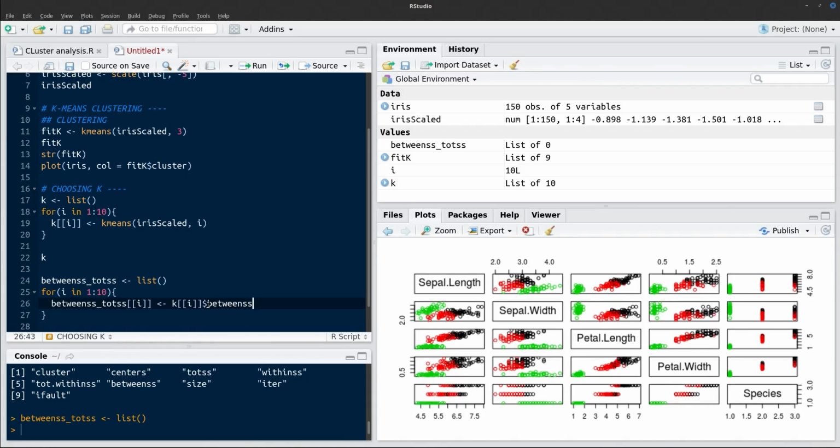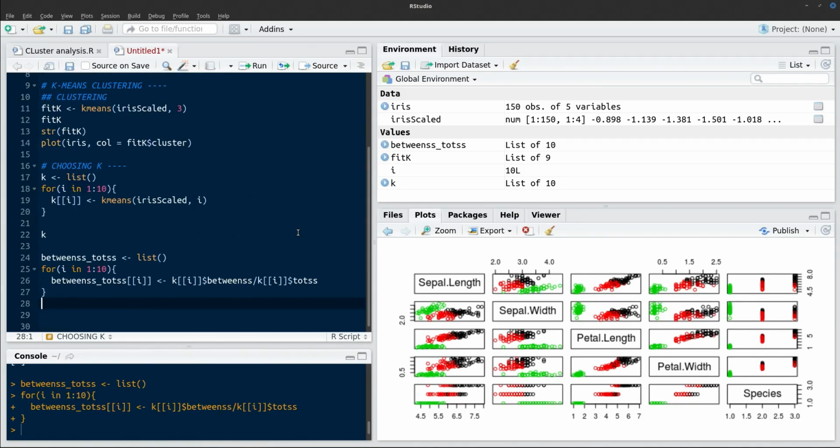So this is how we extract the between sum of squares from each k-means model, divided by total sum of squares. So what this will do is for every K-means model, it will take the between sum of squares, divide it by the total sum of squares, and save it to the between sum of squares, total sum of squares list item.